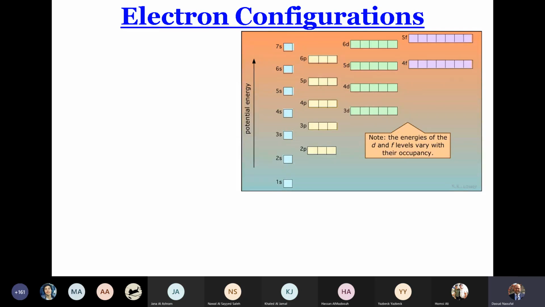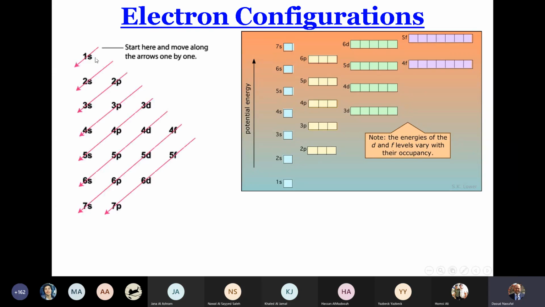So we fill the electrons according to the Aufbau rule, so according to the energies and not according to the position. So 1s energy, then 2s, 2p, 3s, 3p, then 4s, then 3d, then 4p. So 4s is filled before 3d, since the energy of 4s is less than the energy of 3d.